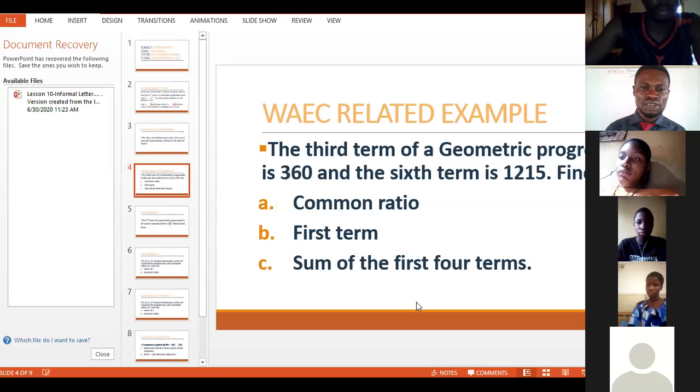I need not start from the beginning. I just need you to give me part of the solution. Common ratio is giving us what? What did we find? Timothy.